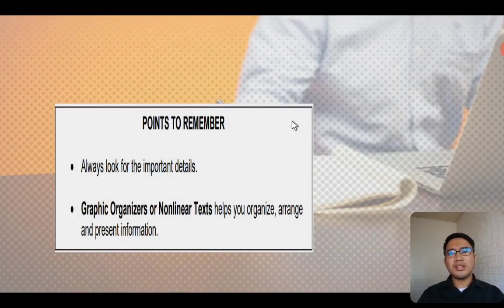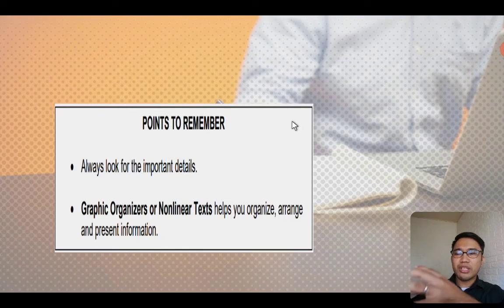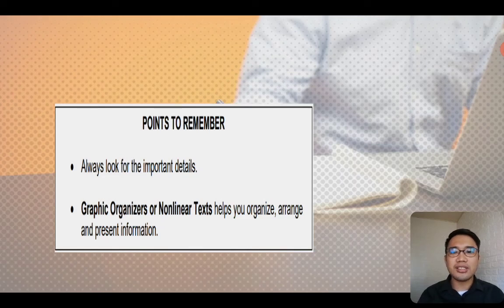So what is important in module number 2 is that you remember these two things. Look for important details. Just focus on the important details of the expository text before you transfer them to graphic organizers or non-linear text.